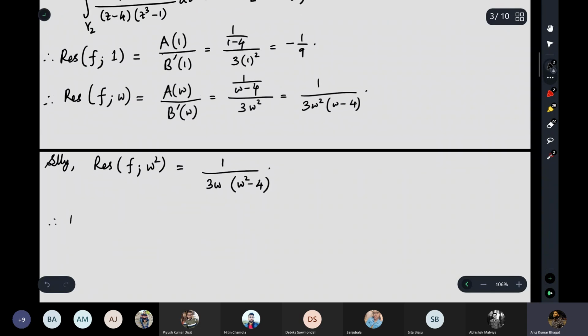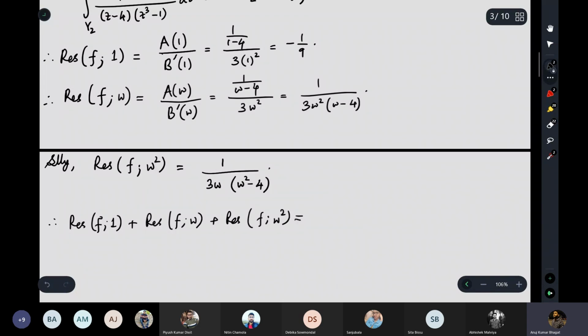So therefore residue of f at 1 plus residue of f at omega and residue of f at omega square, let's find out the sum.